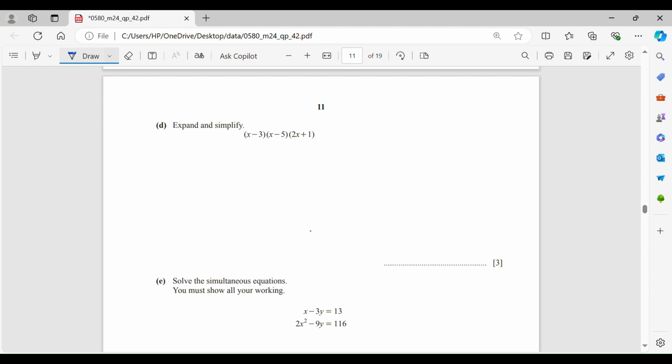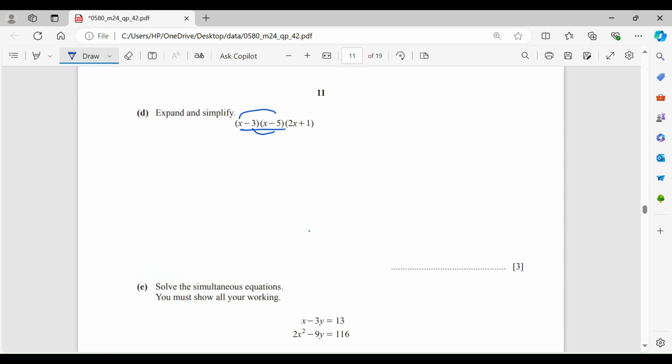Next part, D part, expand and simplify. For this, first we will solve the two brackets and then the next. So x will be multiplied by this whole and minus 3 will be multiplied by this whole. So x minus 5 minus 3 x minus 5, and we will put this as it is.